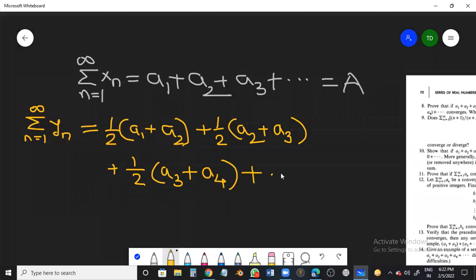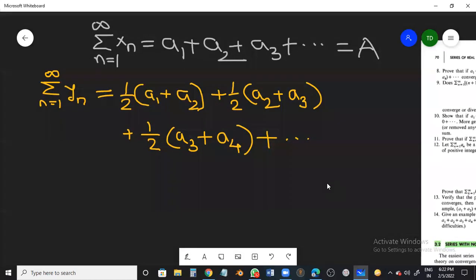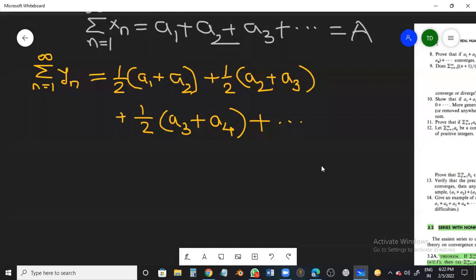And they have asked us to show that the series summation yn also converges, and if so, you are required to find out its limit. I hope all of you are quite familiar with this.